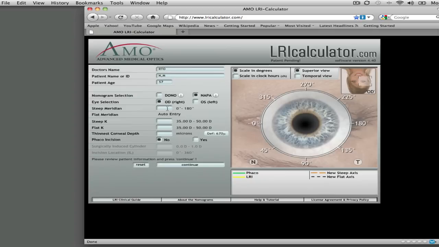The steep meridian was 97 degrees, and the flat auto-entered at 90 degrees from that site. The steep Ks were 44.82, and the flat Ks were 43.83.